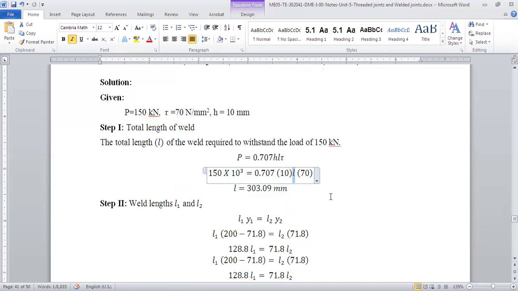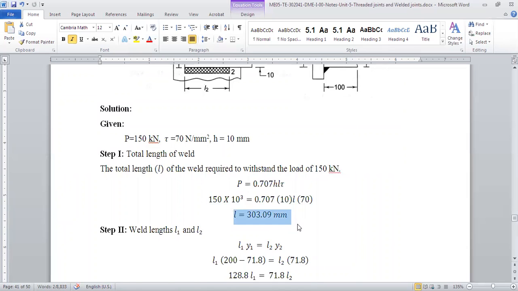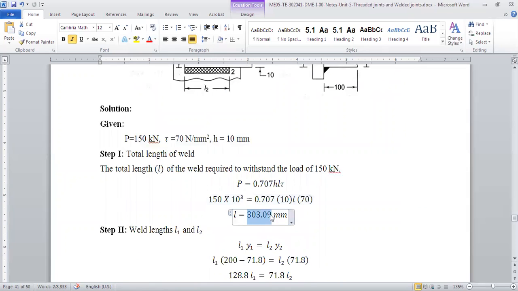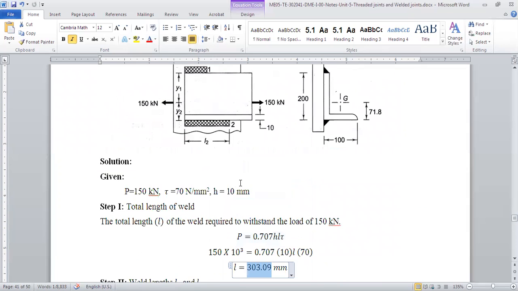So the total length required is 303. We come down to L is equal to 303. To take this load, if we have a total weld length of 303, then this assembly will survive and will not fail.